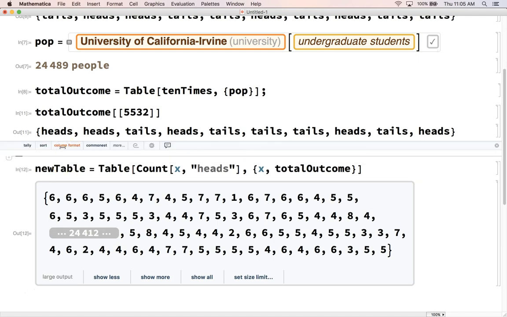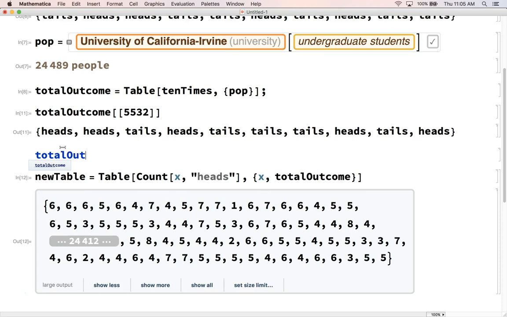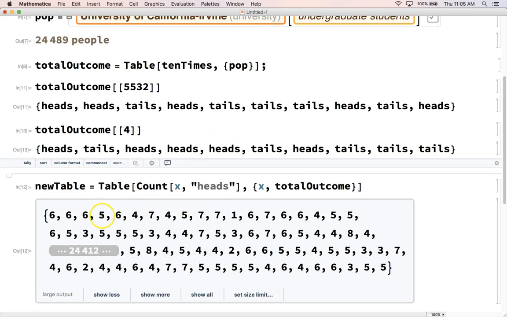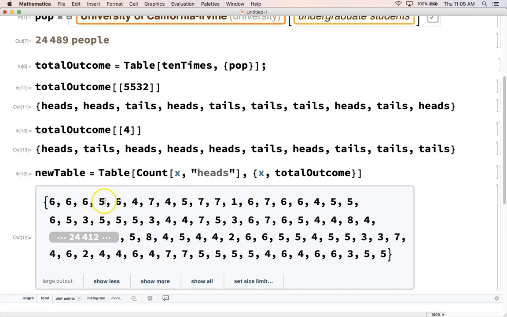So let's check that and see if it looks right. Let's look at total outcome. Let's look at the fourth student. If I were to count heads in this, I'm supposed to see 5 of them. 1, 2, 3, 4, 5. So that's what this 5 here stands for. So there's my new table.